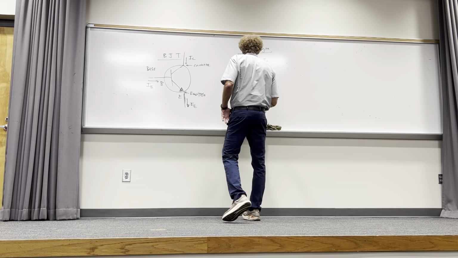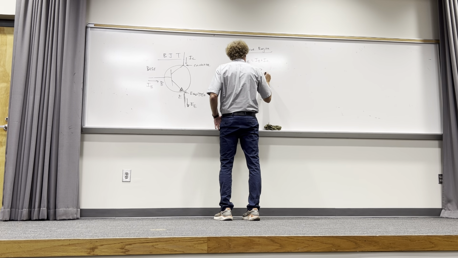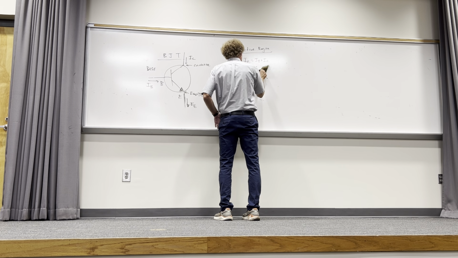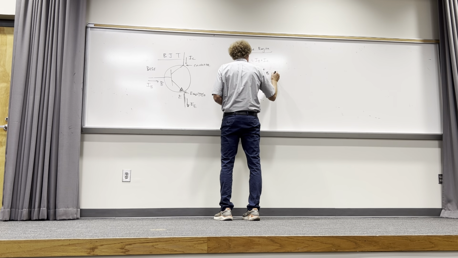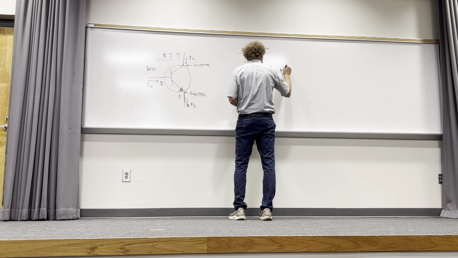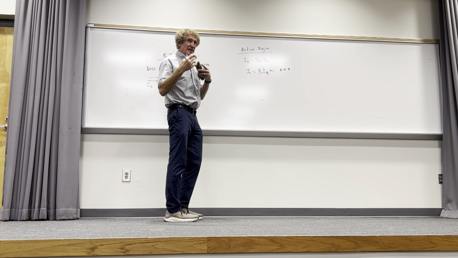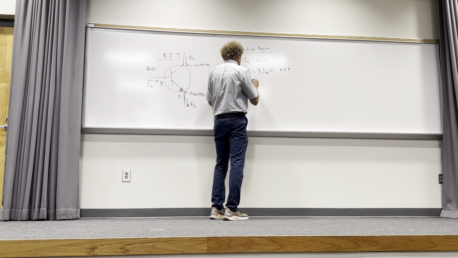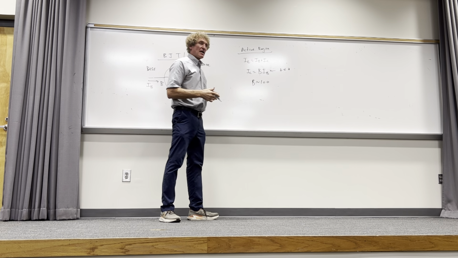The second thing is that IC, my bad, I sub C, the collector current, is equal to something called beta times IB. And this is important. Now, beta's typical values are of the order of 100, but they can go up to 500, 600.